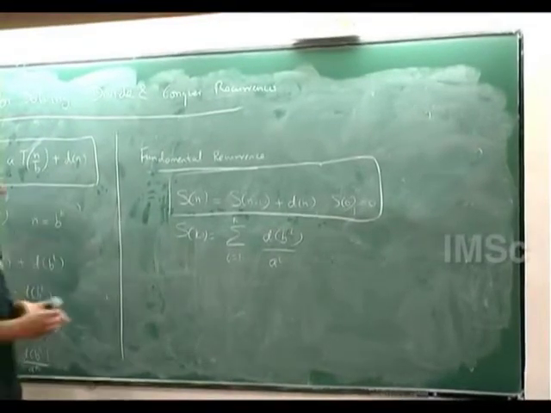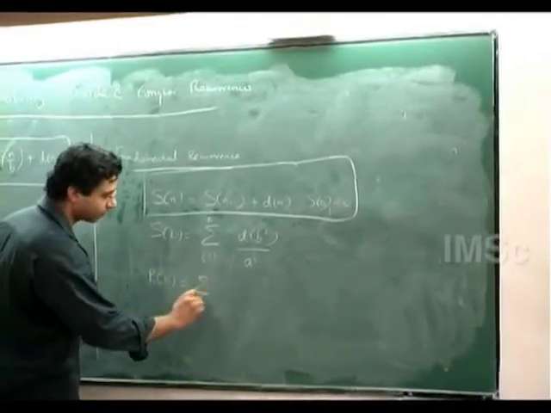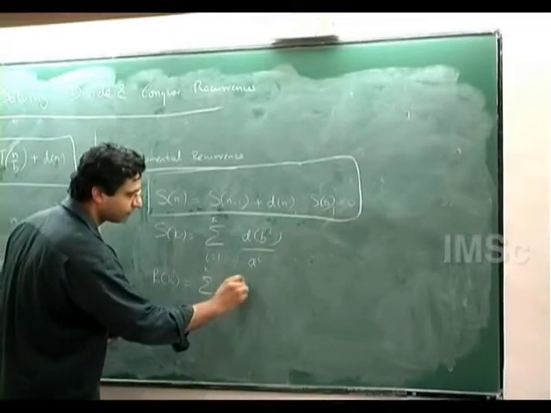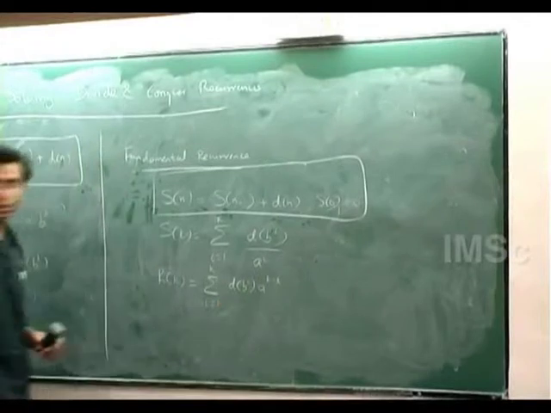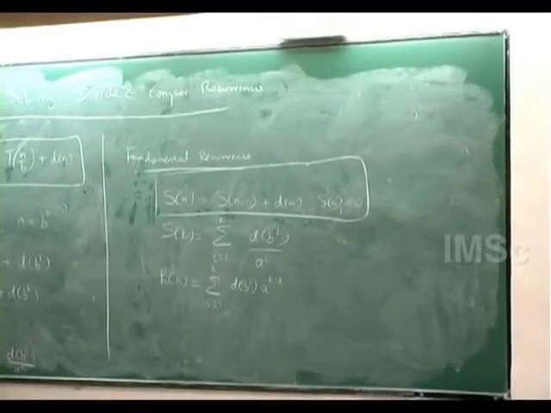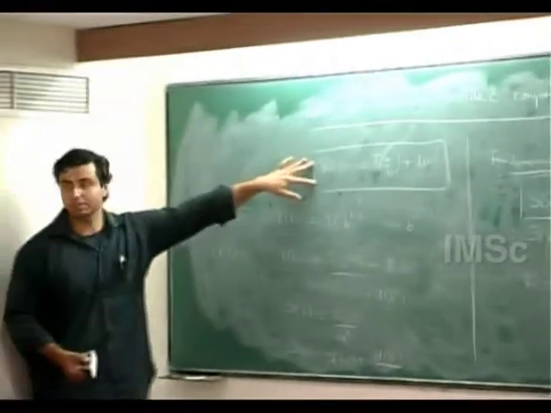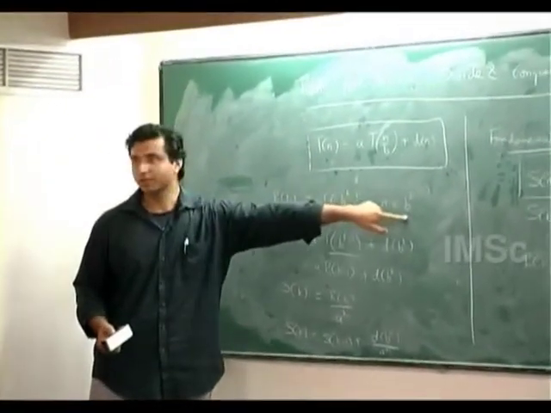So I multiply both sides by a raised to k, so I get r of k is this sum times a raised to k. So I got the solution for r of k, and now I plug in n is equal to b raised to k.